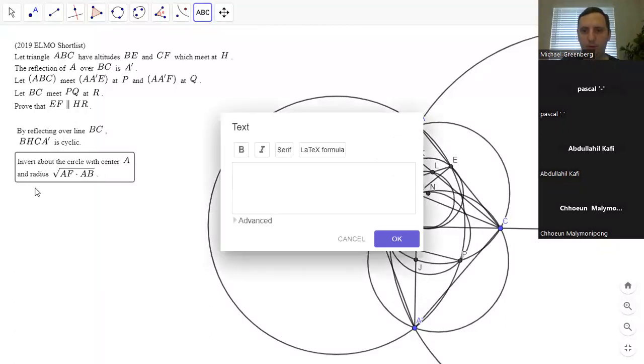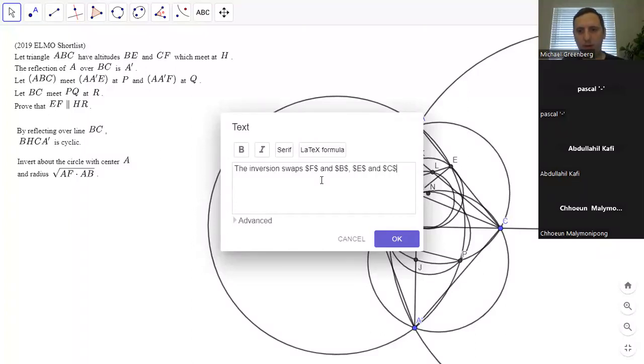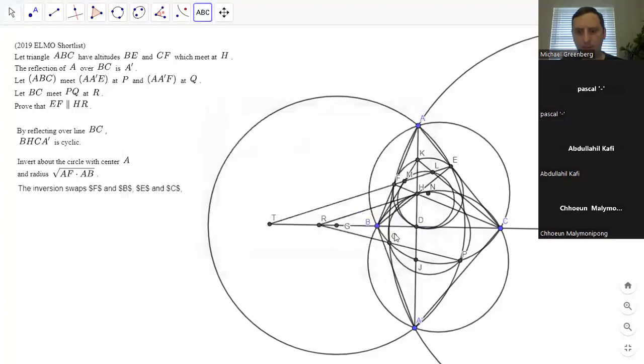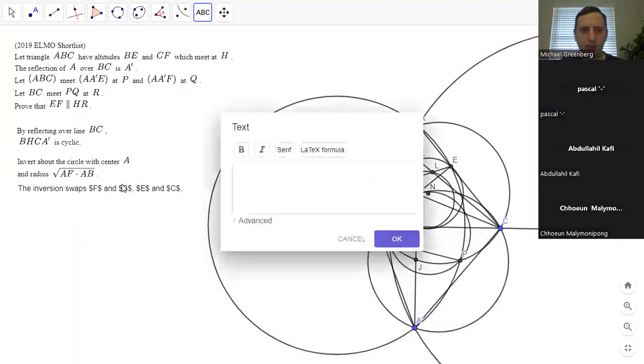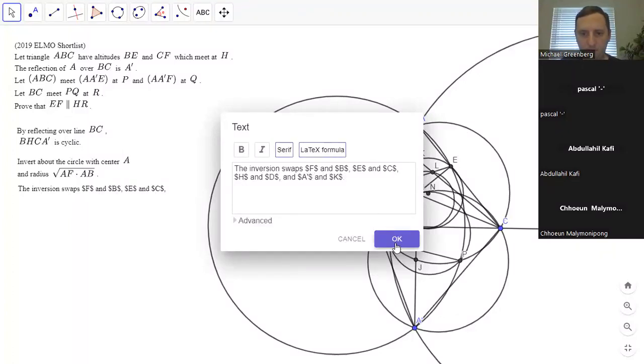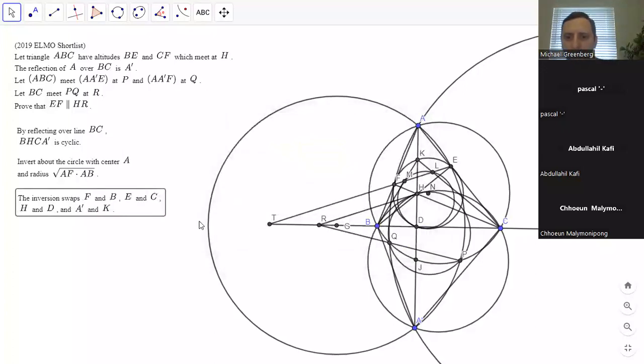So here's what the inversion does. The inversion swaps F and B, E and C, H and D, and A prime and K. Okay.